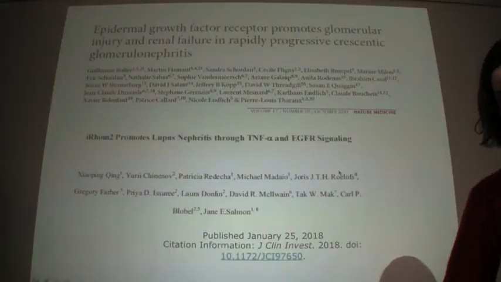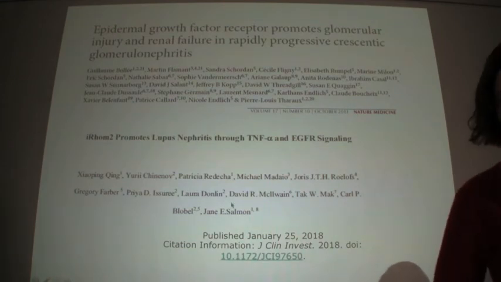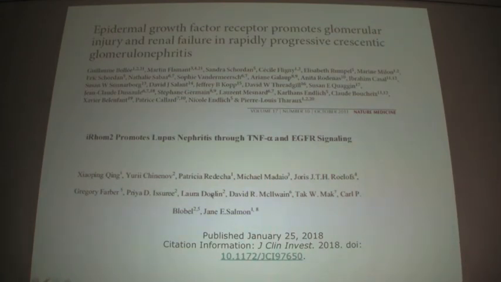And then another paper just came out that shows in a lupus nephritis model that also there you need the EGF receptor signaling for crescent formation, and they also show that you need TNF for the EGF receptor signaling to be activated, though we still don't know who makes the TNF.